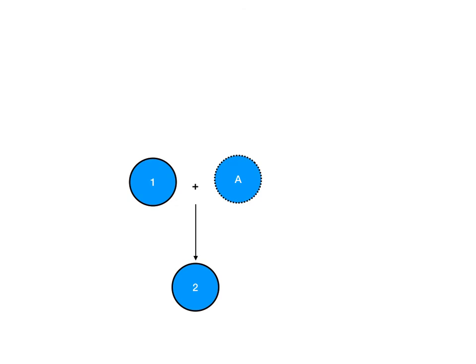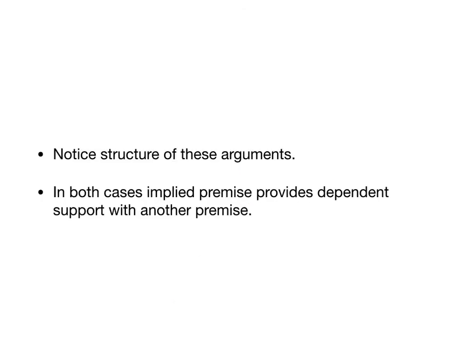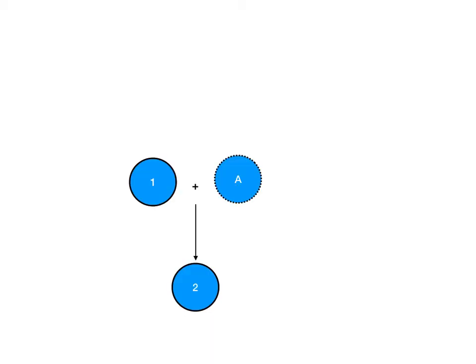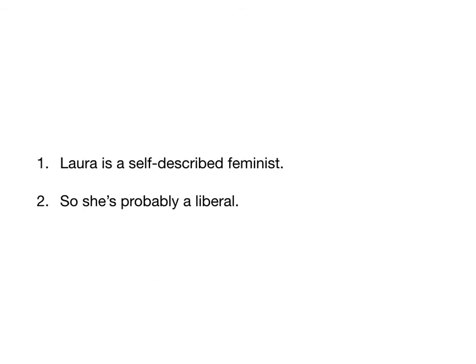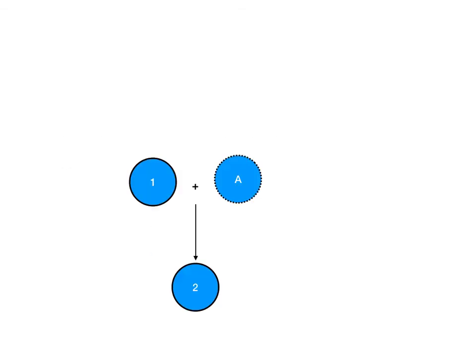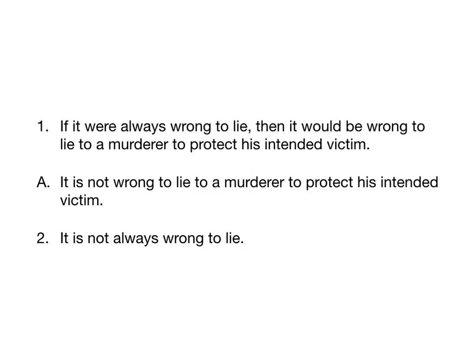Now I want you guys to notice the support in both of these arguments. Both of these arguments have exactly the same structure. Both of these arguments involve dependent support. This one about lying, dependent support, right?